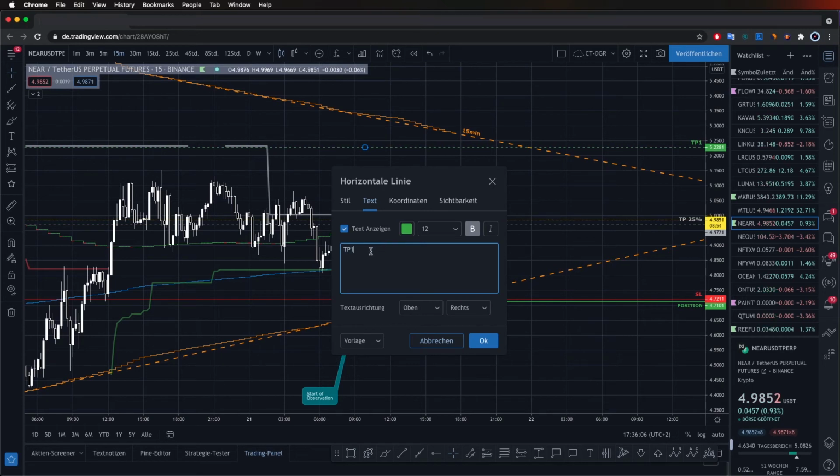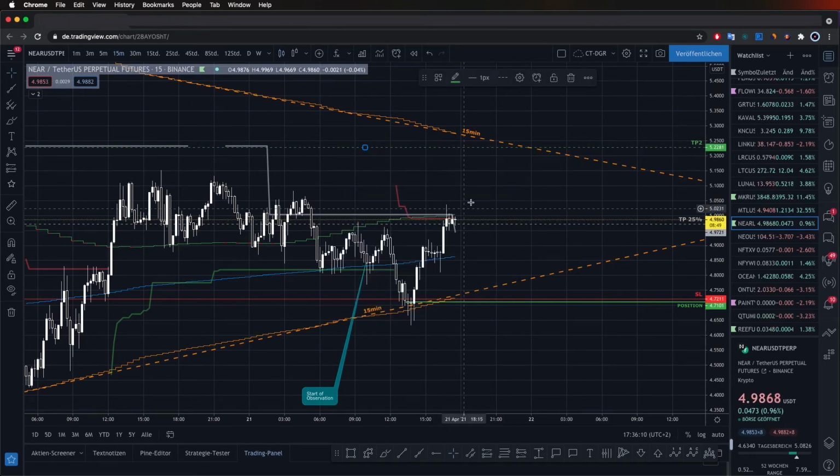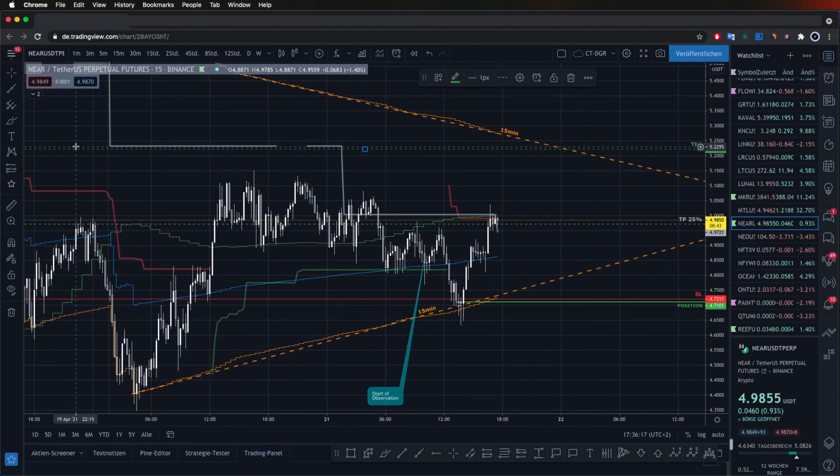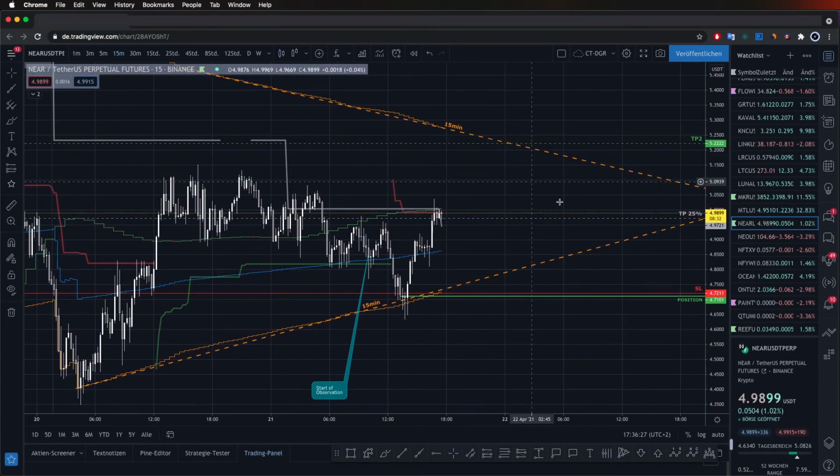TP2 now. Let's predict it somewhere here. Yeah, we go a little down. It's also nice because it's in line with a former step line over here, which could be maybe still kind of a resistance. So we go slightly beneath it. There will be our next target.